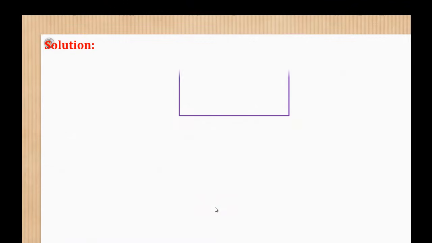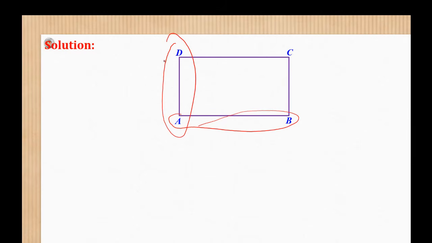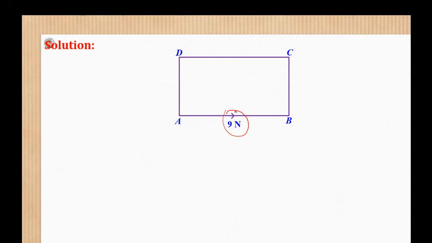So we shall need to draw the forces on rectangle ABCD, ensuring that AB is horizontal and AD is vertical. So we shall put the forces: AB it was 9, BC it was 3, CD was 8, DA was 12, and AC it was 30.